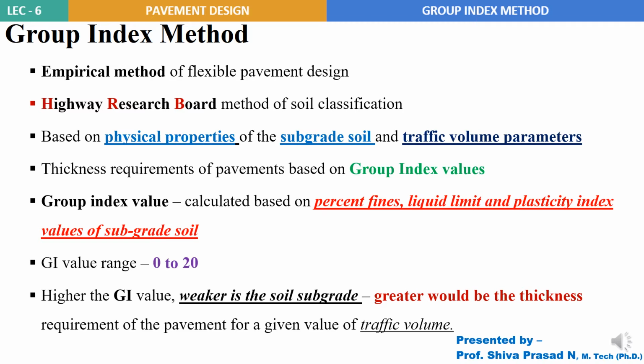I'll repeat, a higher value of the group index denotes that the subgrade soil is weak, and it demands greater pavement thickness for a given traffic volume. So this is the introduction of this group index method. Further, let's move on.